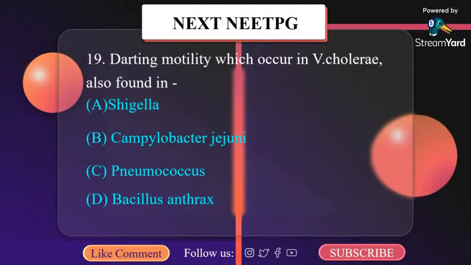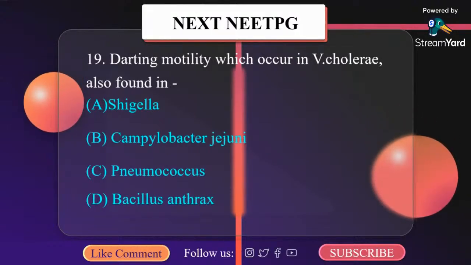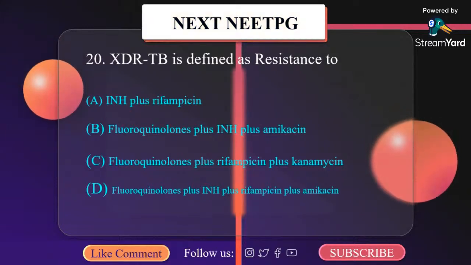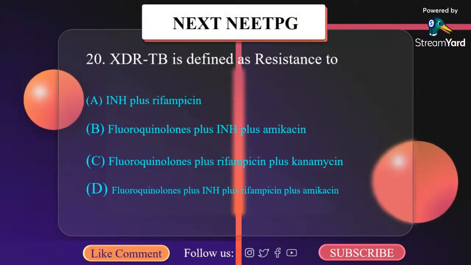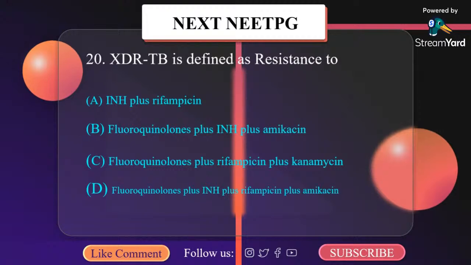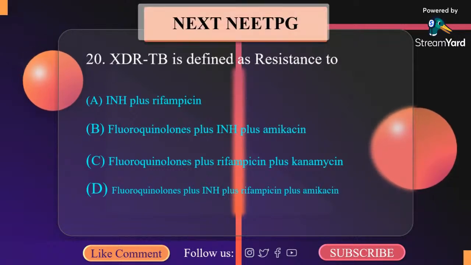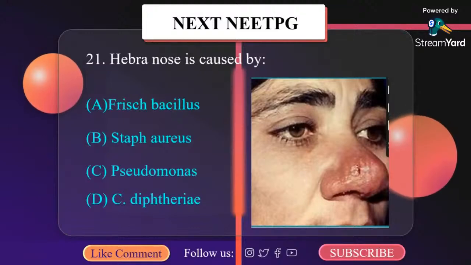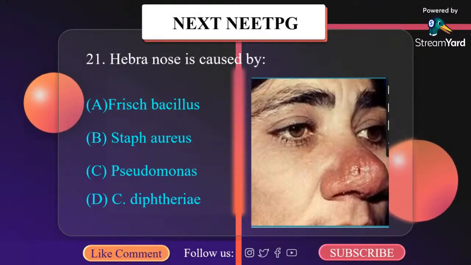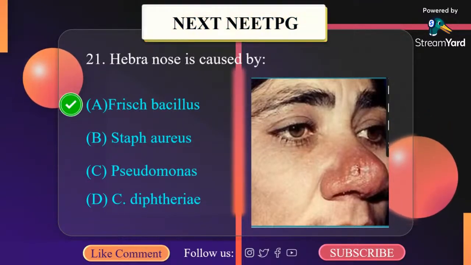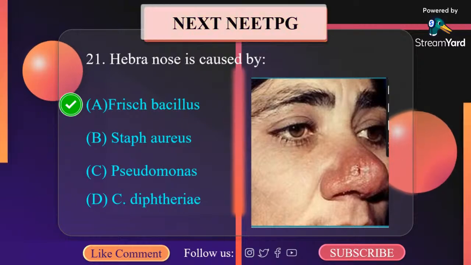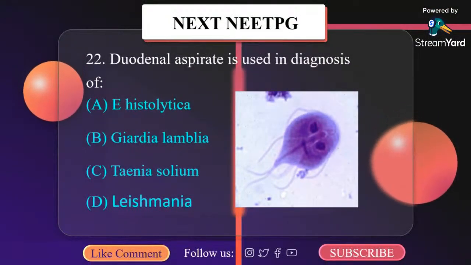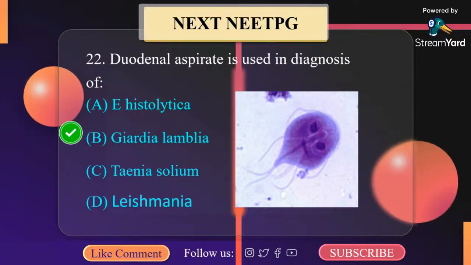Dark immortality, which is also found in, it is found in Campylobacter jejuni. XDR-TB is defined as resistance to fluoroquinolones plus INH plus rifampicin plus amikacin. This is the correct answer as D. Hebra nose is caused by: A. Klebsiella rhinoscleromatis, B. Staph aureus, C. Pseudomonas, D. Corynebacterium. It is the rhinoscleroma bacillus. Duodenal aspirate is used in the diagnosis of Giardia lamblia.